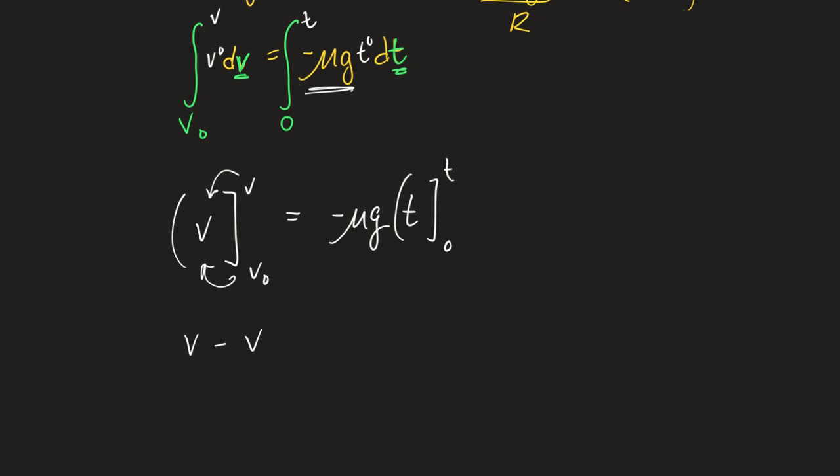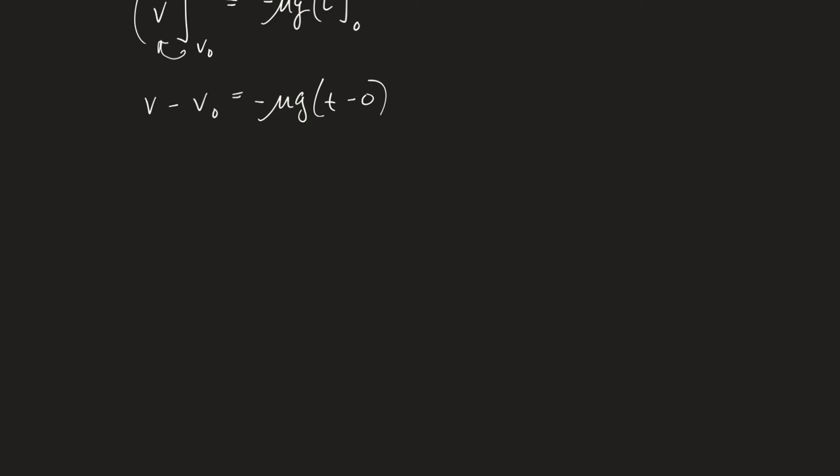So v minus v0. And t minus 0. Now you're done, really. We're supposed to have a function for v, though, so v equals v0 minus mu g t.